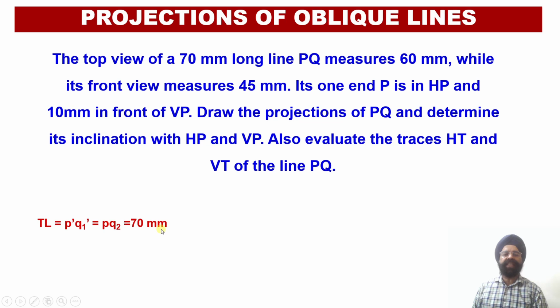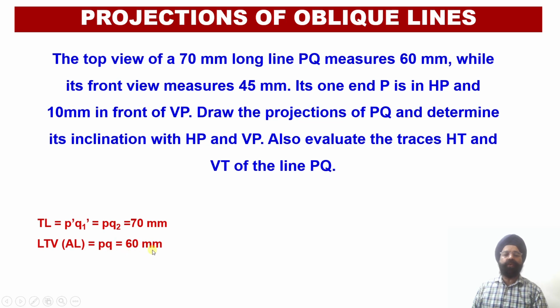This true length, P dash Q1 dash or PQ2, will measure 70 millimeter. And the top view is going to measure 60 millimeters. This is the apparent length of the line in the top view, which will be represented as PQ onto the horizontal plane.